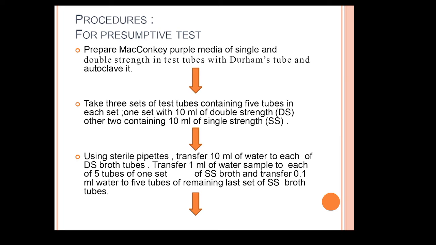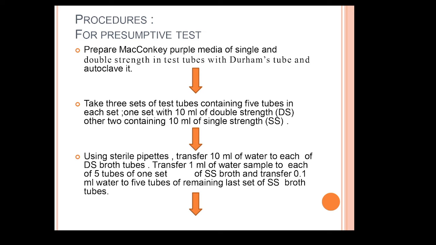Next, procedure for the presumptive test. First, we have to prepare the MPN purple media of single and double strength in test tubes with Durham's tube and autoclave it. Then take 3 sets of test tubes containing 5 tubes in each set, one set with 10 ml of double strength and the other two with single strength.